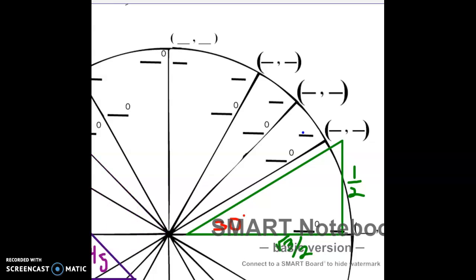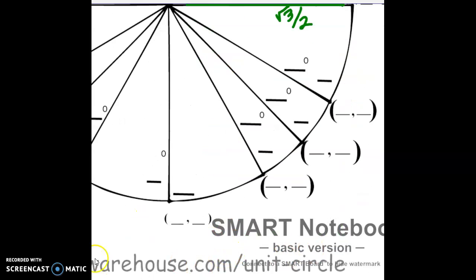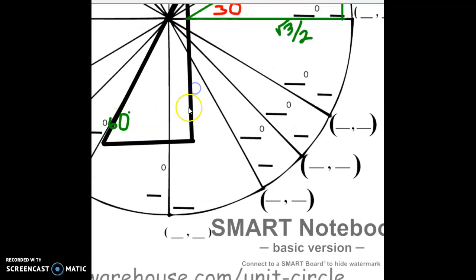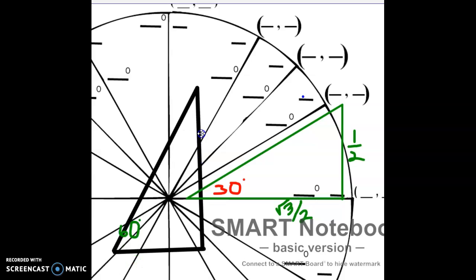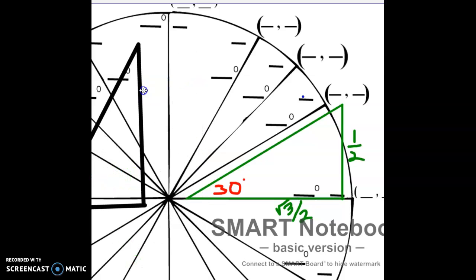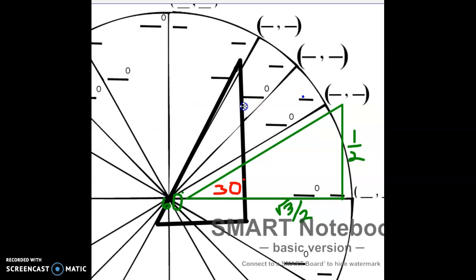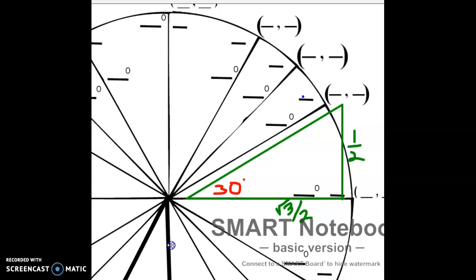And then looking at, find the other triangle, the 60 triangle, if we place it, oops, sorry, need to flip it around. Oh, no, we're going to come down here.